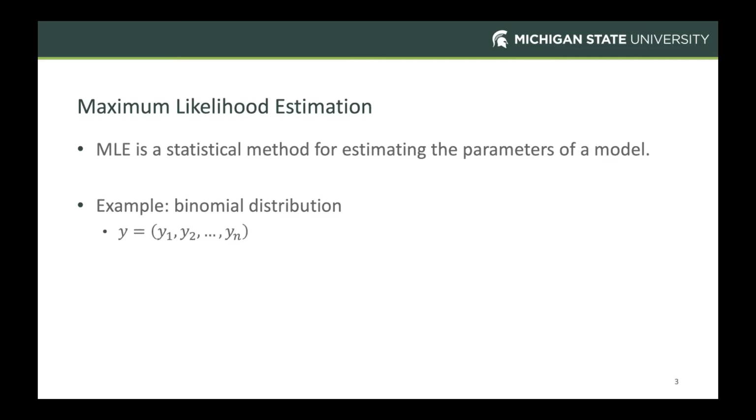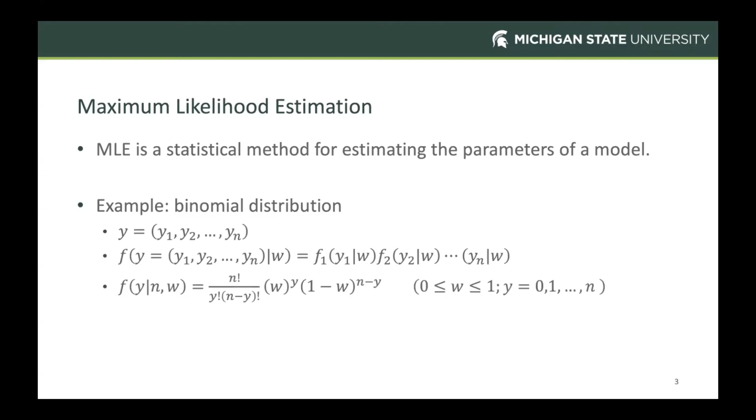And so let's say, as an example, we've got n observations for our dependent variable of interest. And so we can consider the likelihood that we would observe any particular value of y based upon the parameters that describe that distribution. And so we'll use just the general term here, w, to describe any specific parameter that we're interested in.